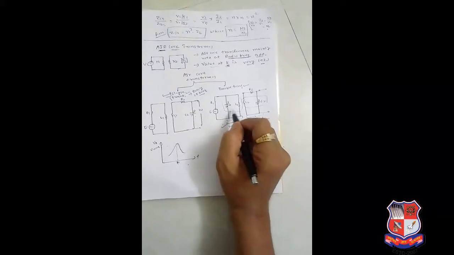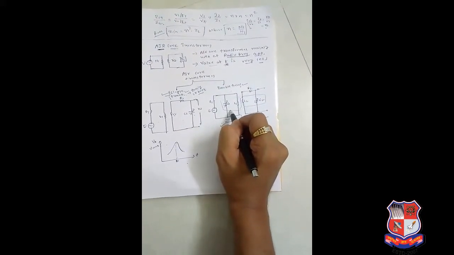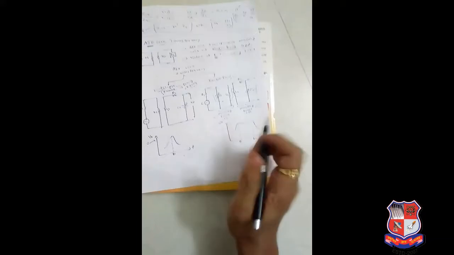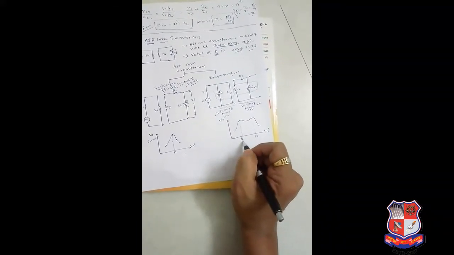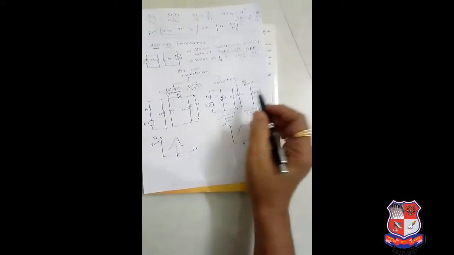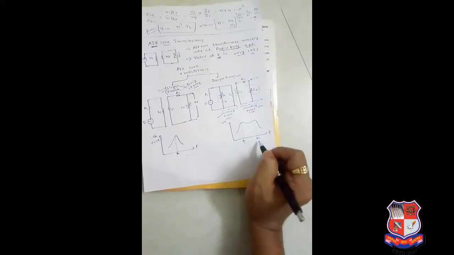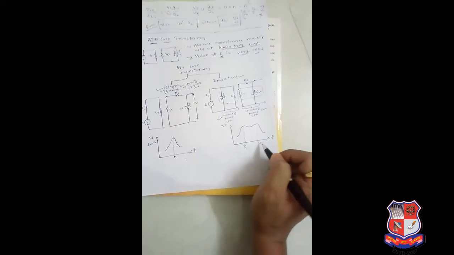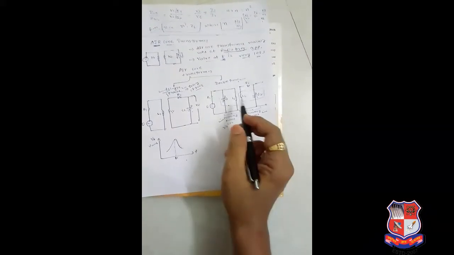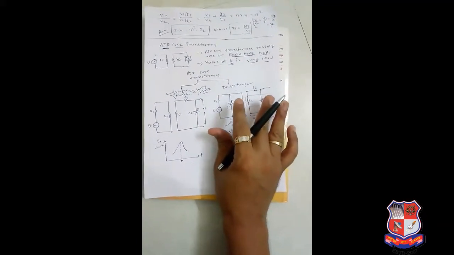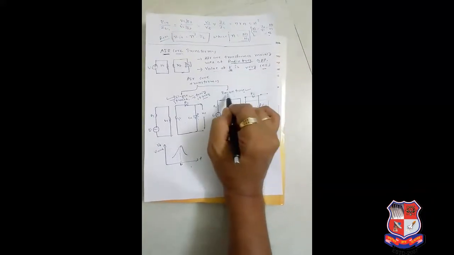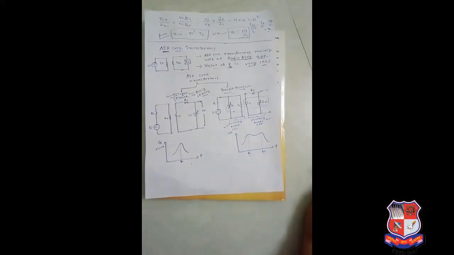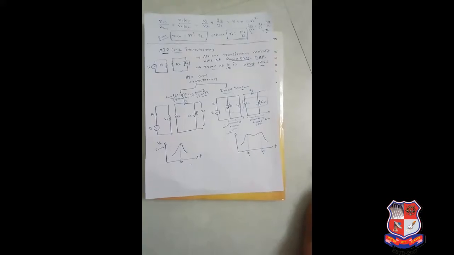The primary tune circuit can be tuned for frequency F1, and the secondary tune circuit can be tuned for frequency F2. So both are tuned at very different frequencies. That's why it is called a double tune air core transformer.